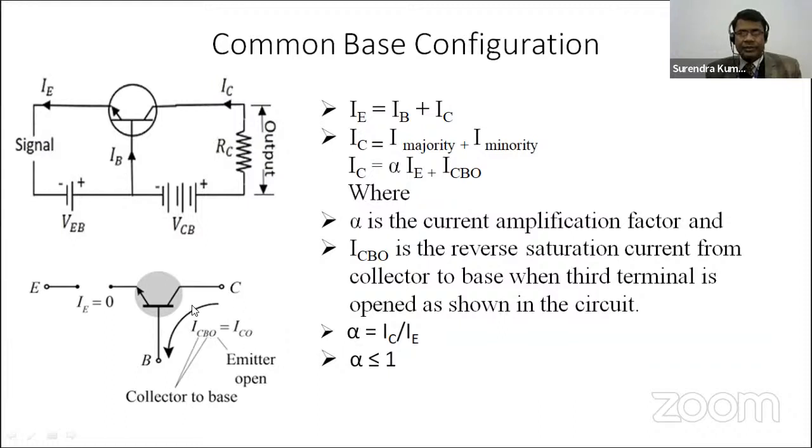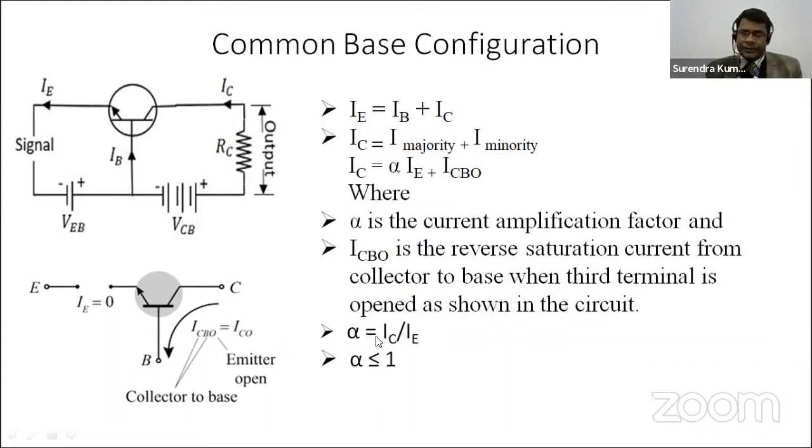This is the direction of ICBO shown in the circuit diagram, and the suffix CBO represents the direction of current from collector to base when the third terminal, the emitter, is open.